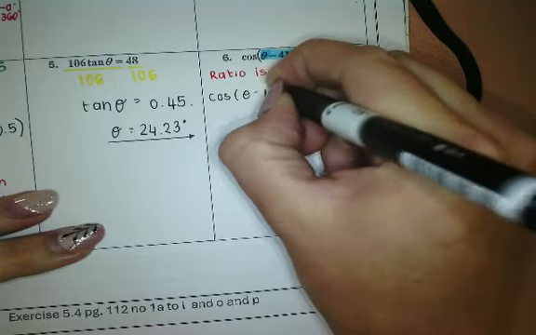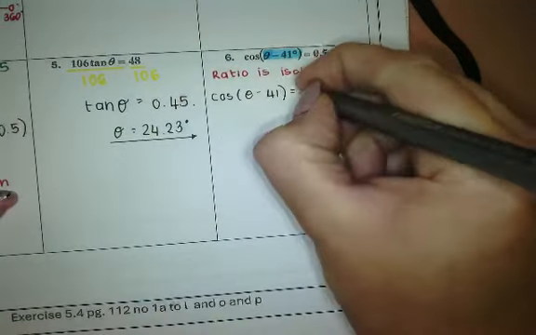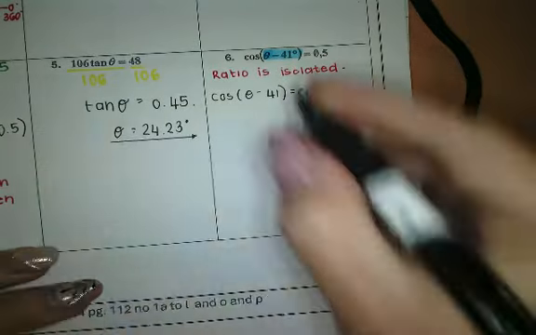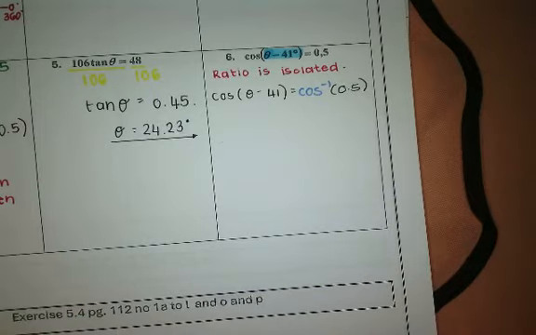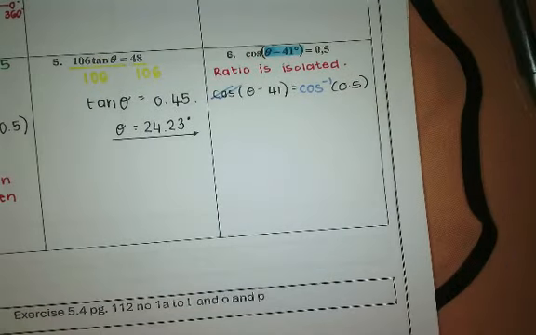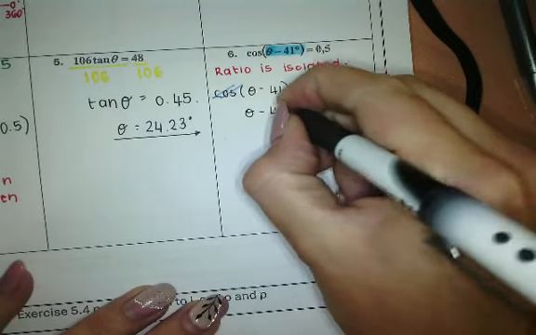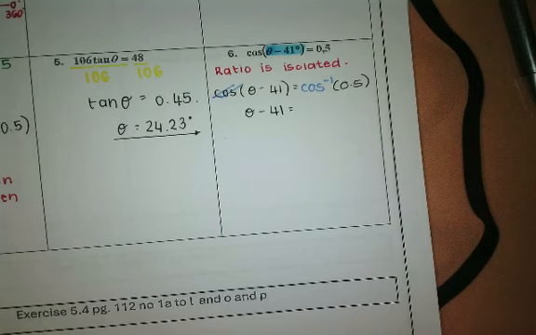So cos theta minus 41 is equal to second function cos 0.5. Second function cos gets rid of the cos on the left hand side, and you see we are now left with theta minus 41. Now we can start taking over after we've calculated the right hand side.